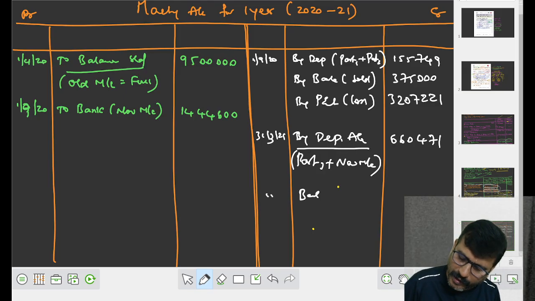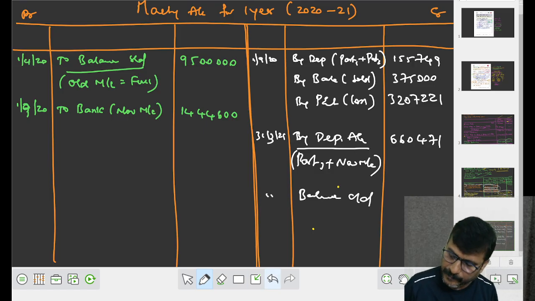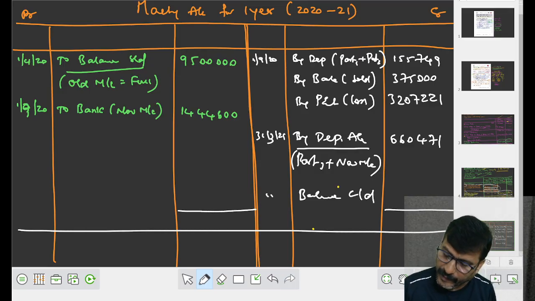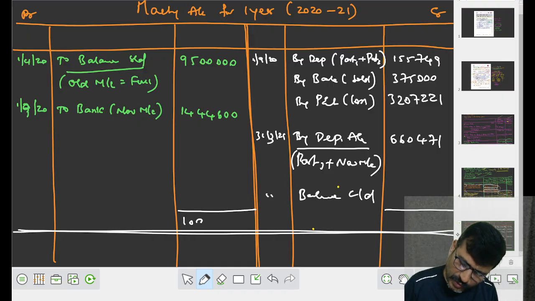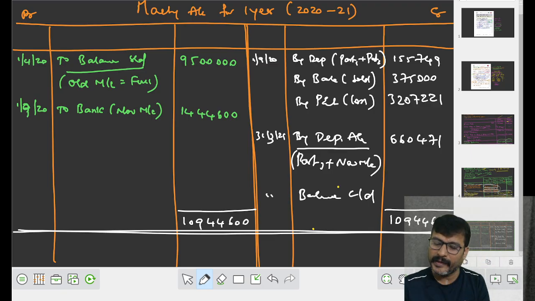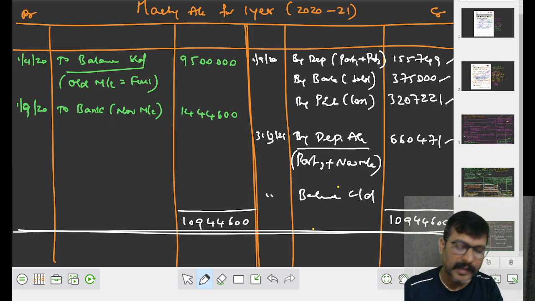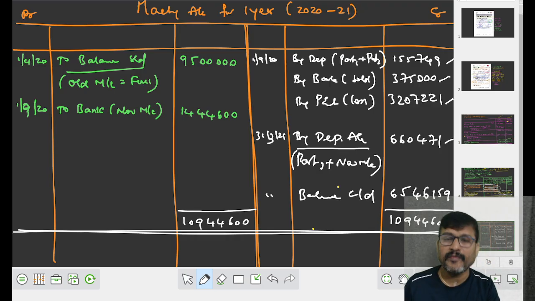Then what to do? Draw the total line, then by balance carry down. How to work out the balance carry down, my dear children? Add these two numbers. It comes to 1,09,04,000 44,600, 1 crore 9 lakh 44,600. From this amount, subtract the credit entries, subtract this, this and this. After subtracting, how much do you get? 65 lakh 46,151.